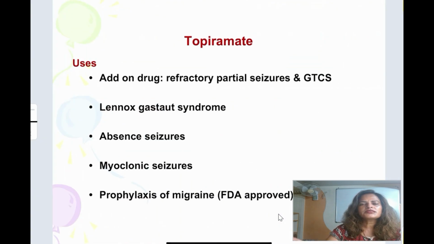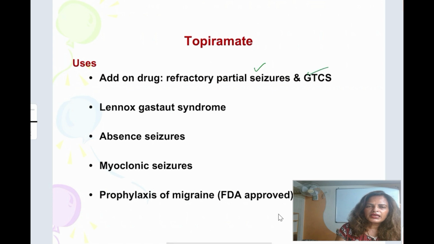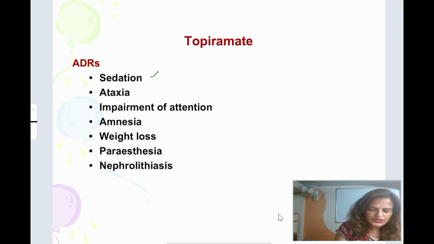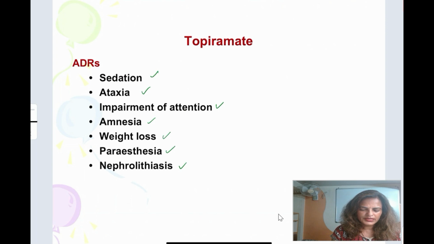So we can use it as an add-on drug in refractory cases, where there is no effect on the patient, with traditional partial seizure, grand mal epilepsy, then Lennox-Gastaut syndrome, absence seizure, myoclonic, and in the prophylaxis of migraine. So these are the adverse effects of Topiramate: the patient will have sedation, ataxia, impairment of attention, there may be amnesia, weight loss, paresthesia, and nephrolithiasis.